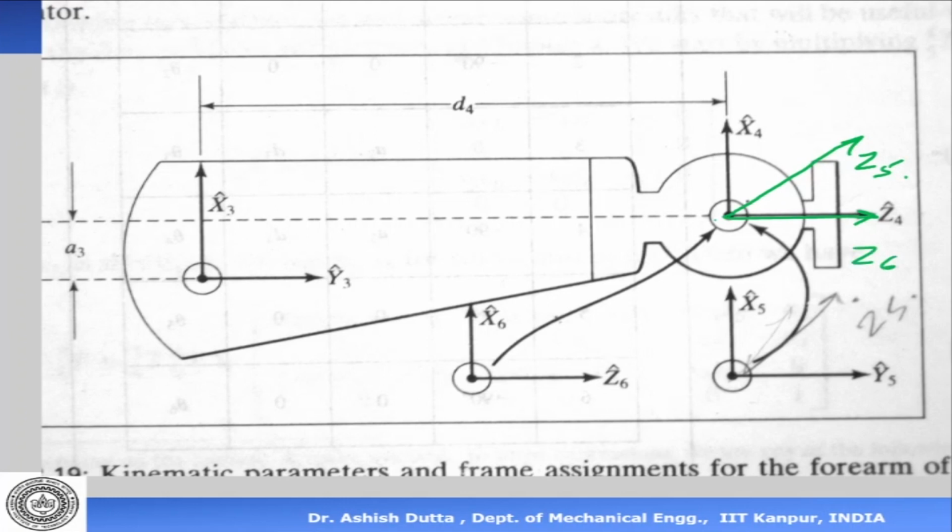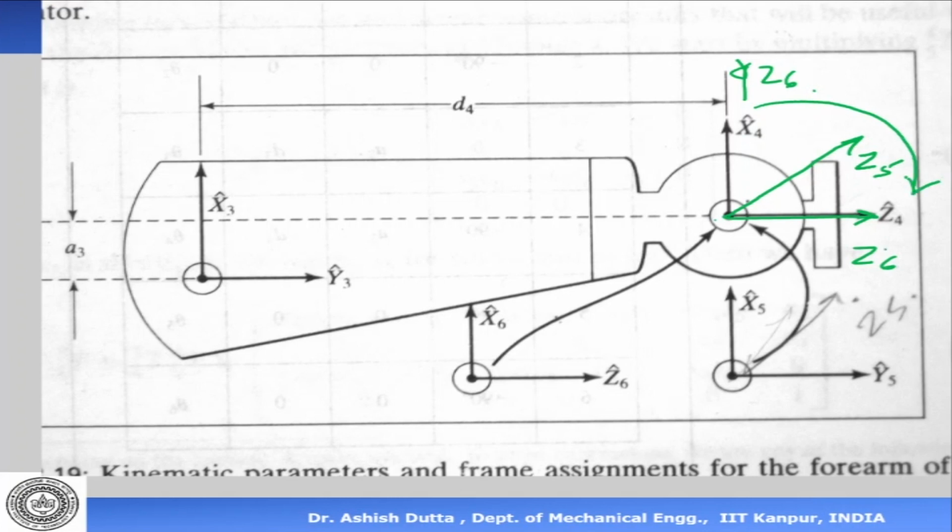In the last class, I also explained why Z4 and Z5 are in the same direction, because Z6 is actually on that side. But if you do it this way, the 3 axes Z4, Z5, Z6 are orthogonal, but you will not be able to assign your X6 axis, because there is a problem in the DH parameter notation. So to avoid that, we rotate this and make it in this direction.